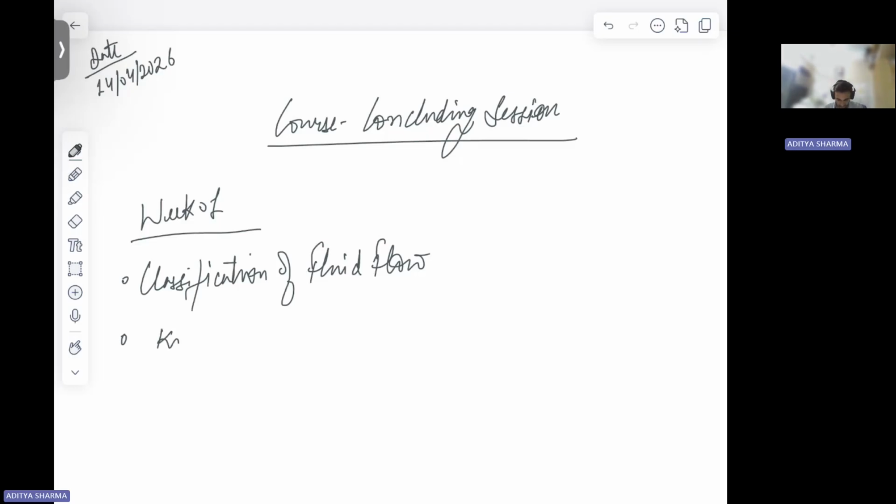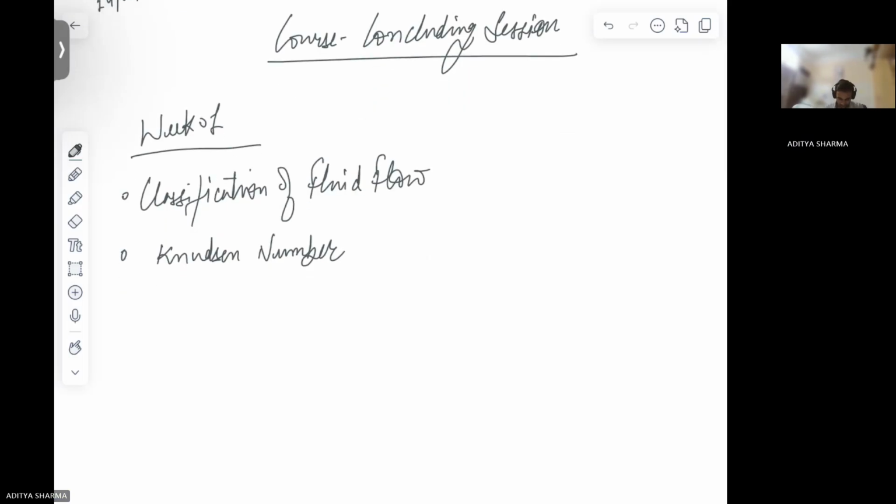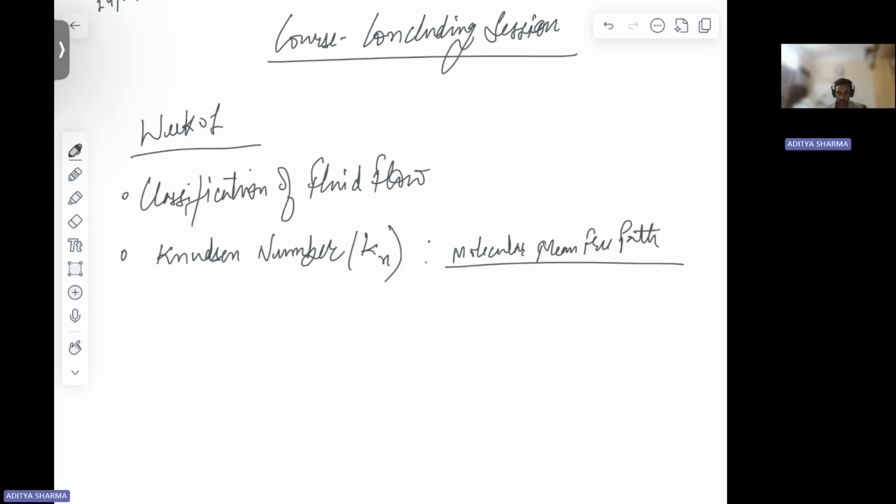For that, we have Knudsen number, right? What is Knudsen number? Knudsen number basically is the ratio of your molecular mean free path to the characteristic linear dimension of the flow field.